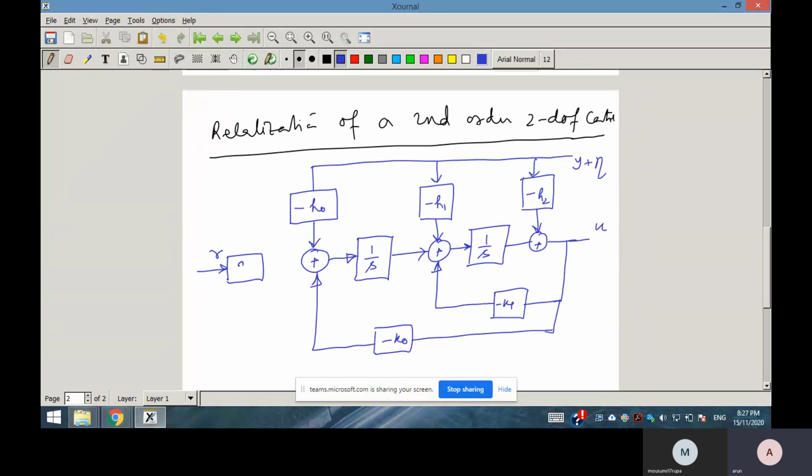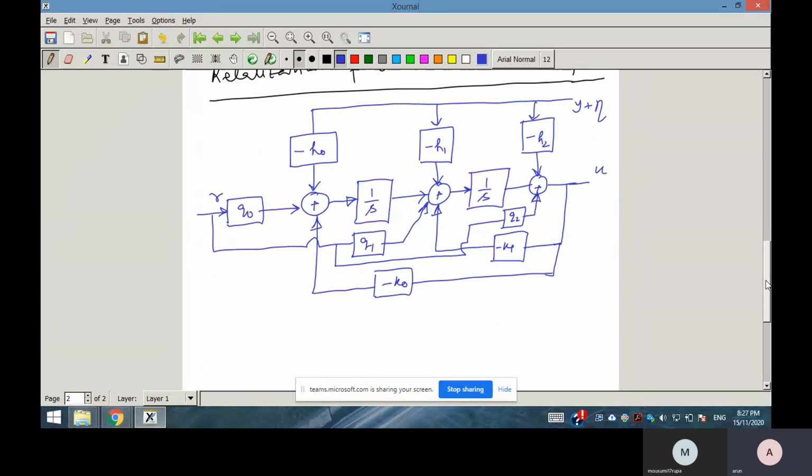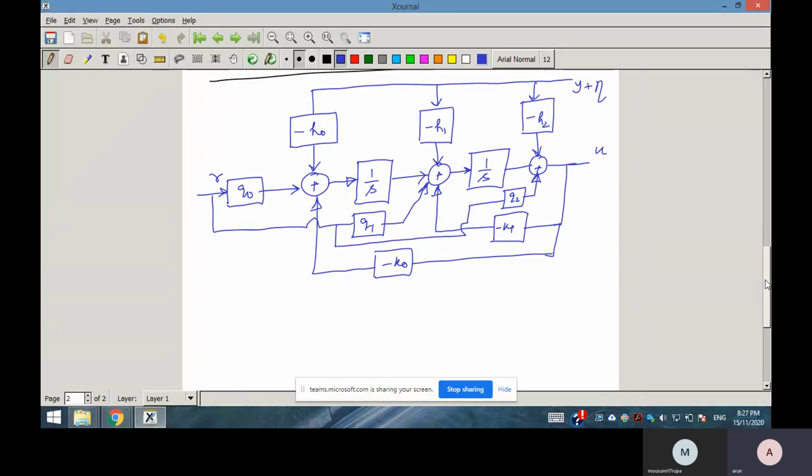This is your Q0, this is Q1, this is Q2. Okay, so please verify whether you are getting this or not.